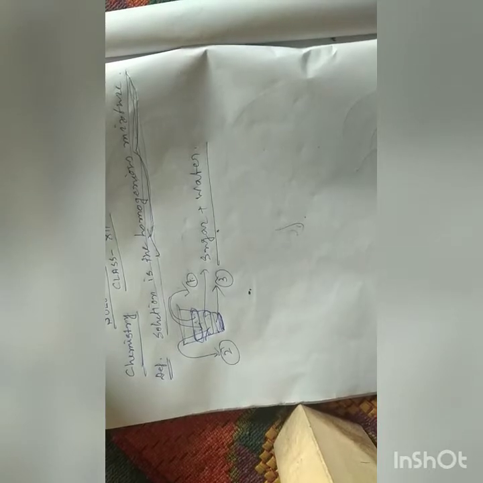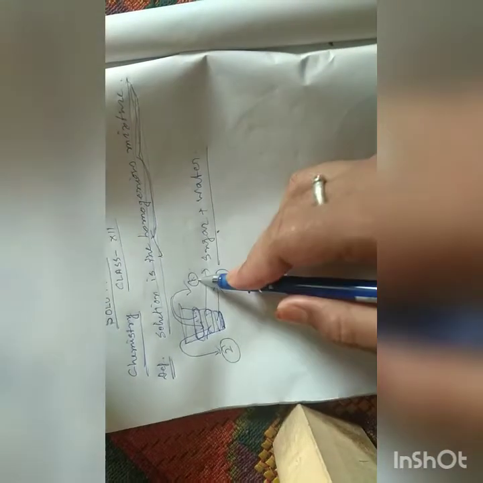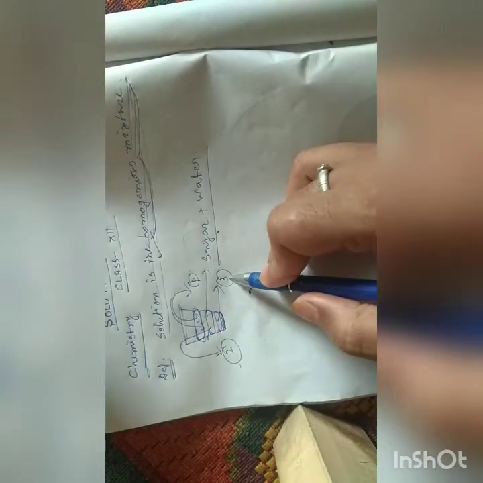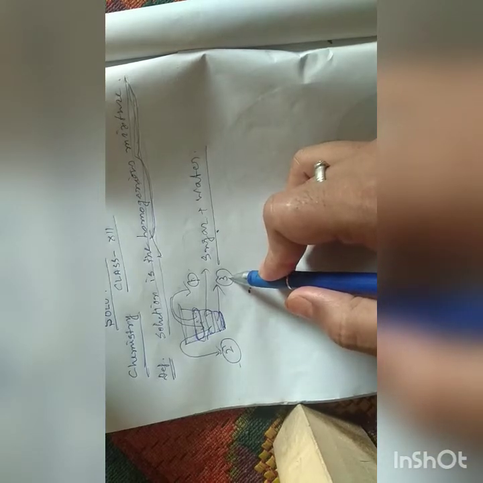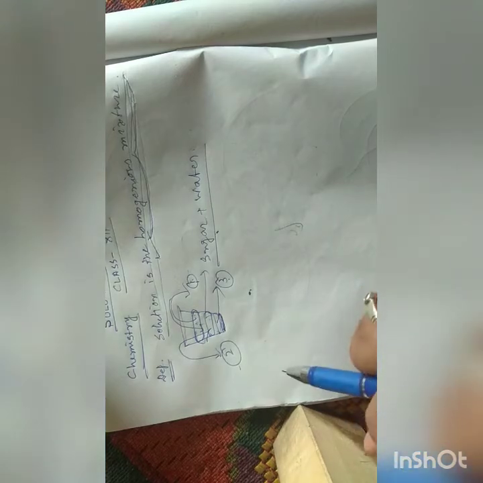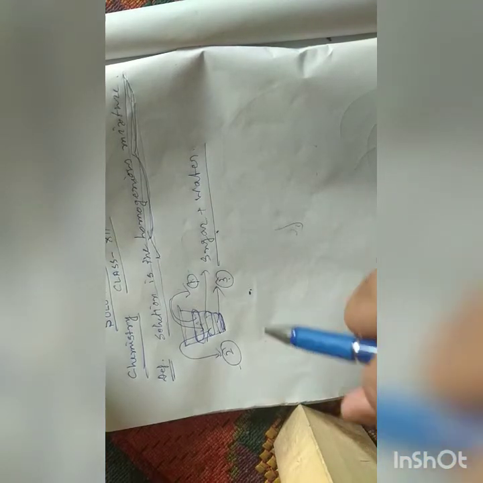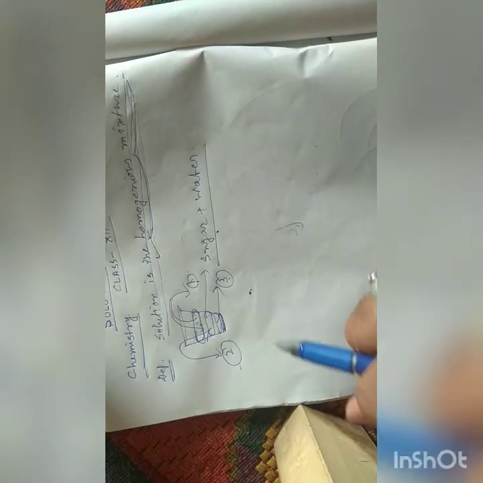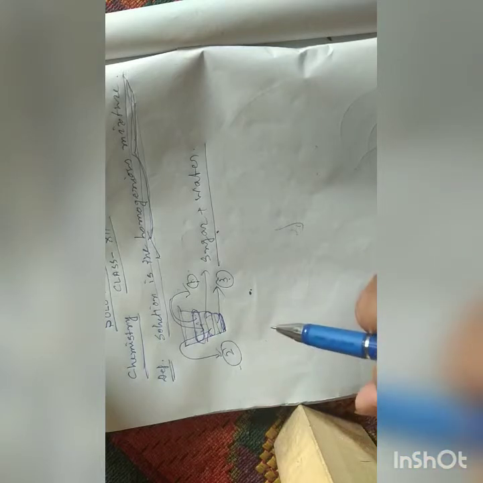I think you have seen that the sweetness is obviously equal in all 3 parts. So that means the solution is homogeneous. That is, the sugar is dissolved uniformly in the whole water. So the solution is a homogeneous solution.